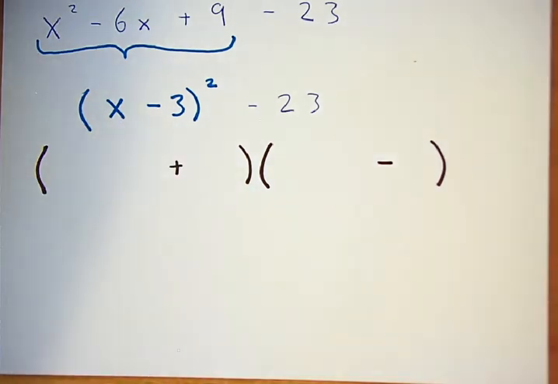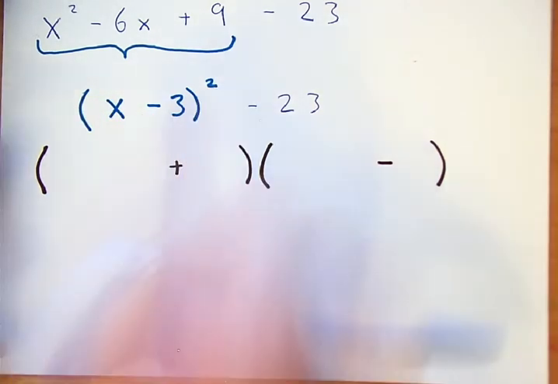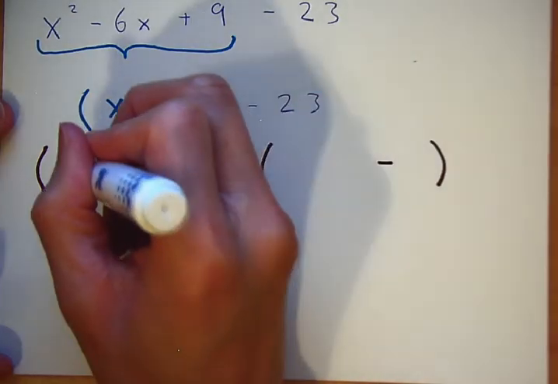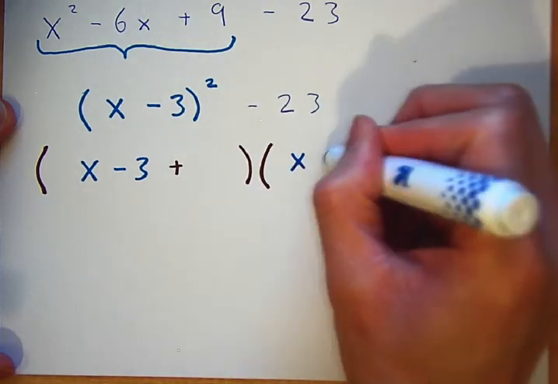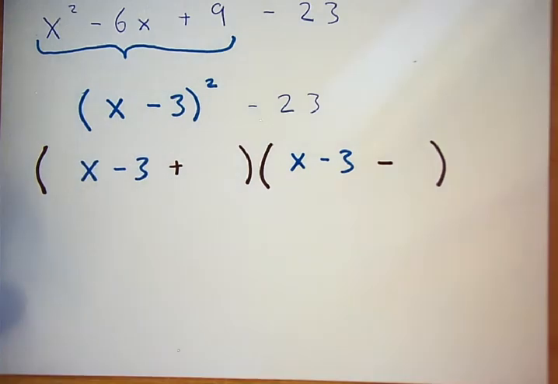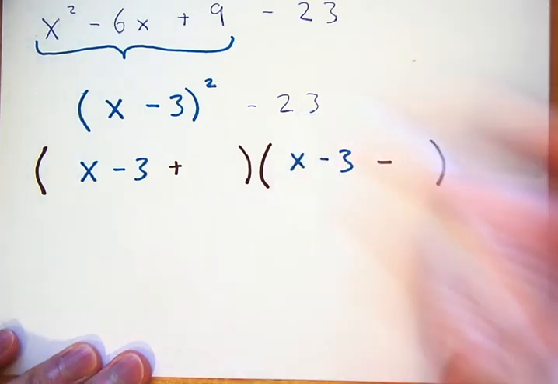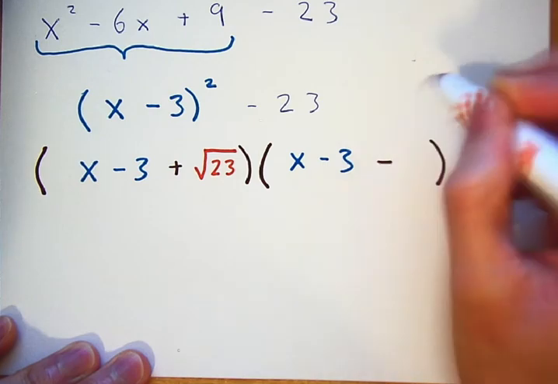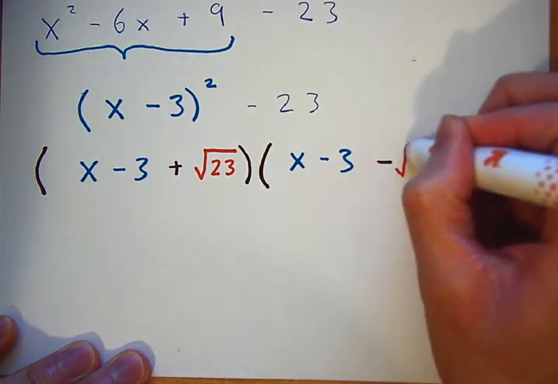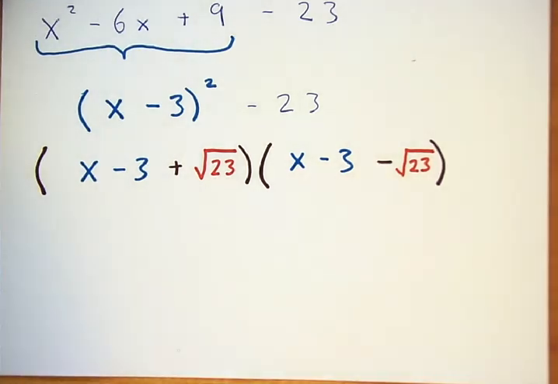The square root of x minus 3 squared is just x minus 3. The square root of 23 is just square root 23. There is no simpler way to write that. That's it.